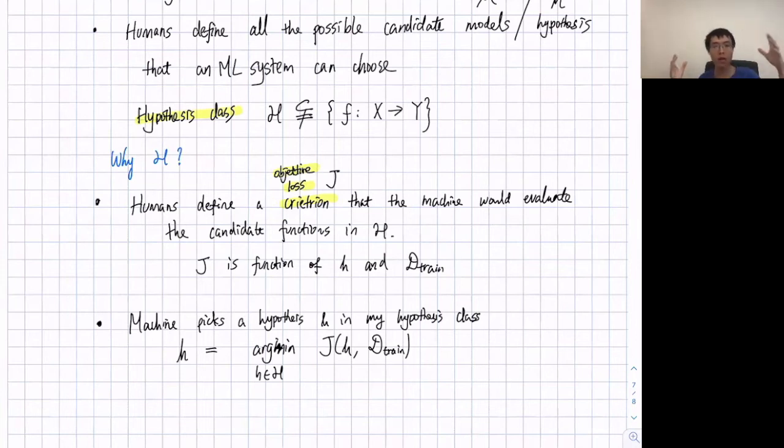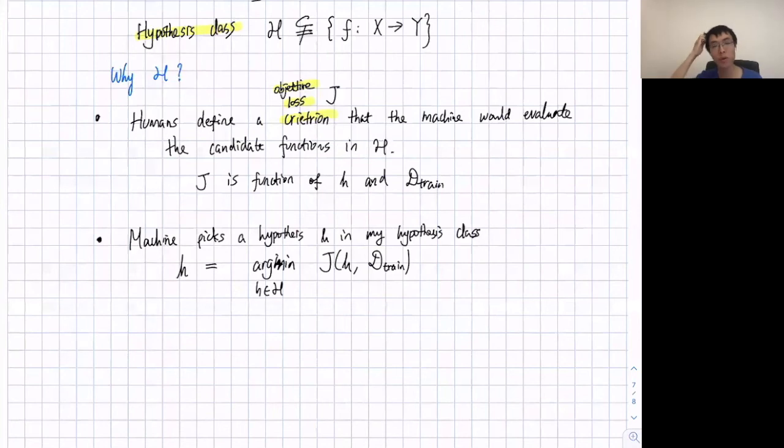And in the second step, the human further defines a criterion for how the machine should pick the function. And the third step, now it comes to the machine side, and the machine will pick a hypothesis H in the hypothesis class, according to some criteria, which is a function of the hypothesis itself, as well as the training data. So this is the first stage, training.